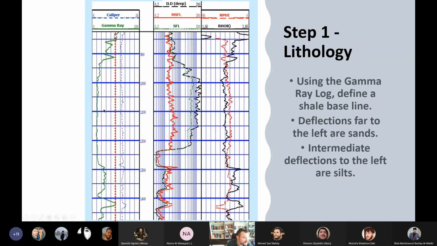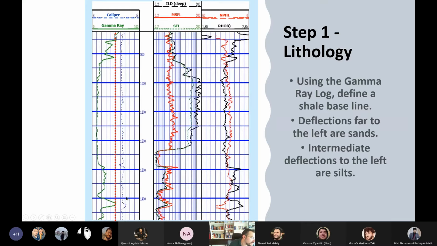So what I see here is mostly sand formations, right? Intermediate deflections to the left are silts. For example, I see something here. This is not shale, but I have some deflection here, so I call it silts, or if you see some evaporites, silts or evaporites.